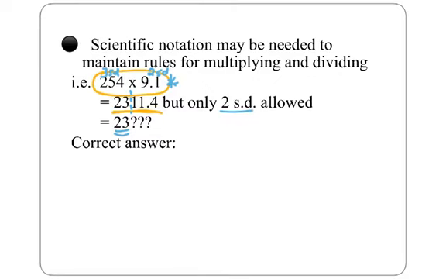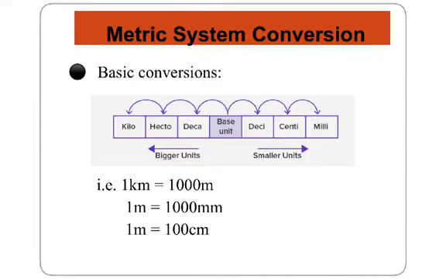So I'm going to put this into scientific notation by moving the decimal until it's behind the first number. So I would call this 2.3 times 10 to the 3. That way I'm still keeping 2 significant digits here, so I'm following my rules for multiplication, but I'm also showing that it is much bigger than the number 23. It's 2,300.